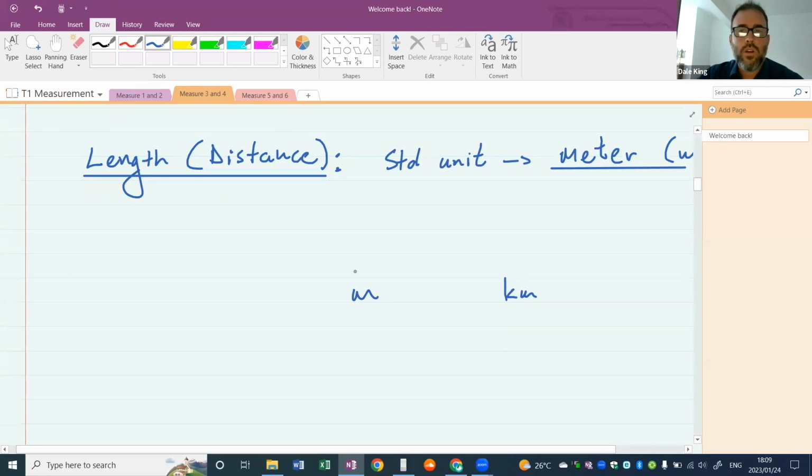And I'm sure we all know that if the standard unit of measurement for length is meter, which is this one over here, then this one with the km, which is a bigger unit of measurement, a longer unit of measurement, must be kilometers.